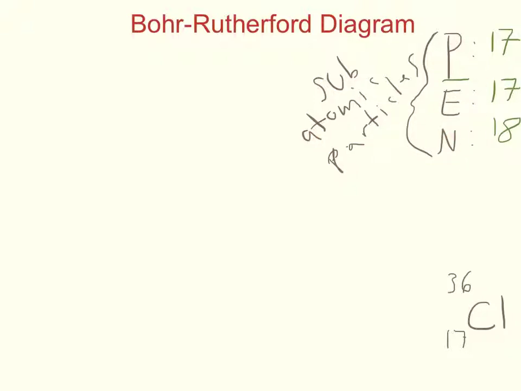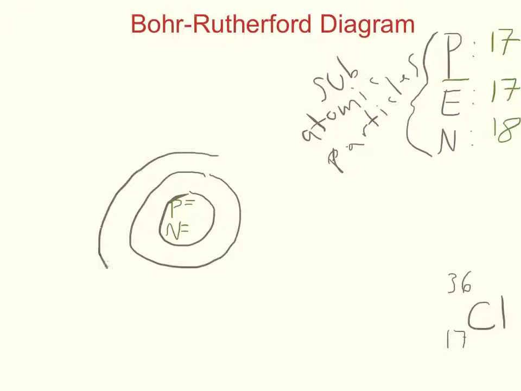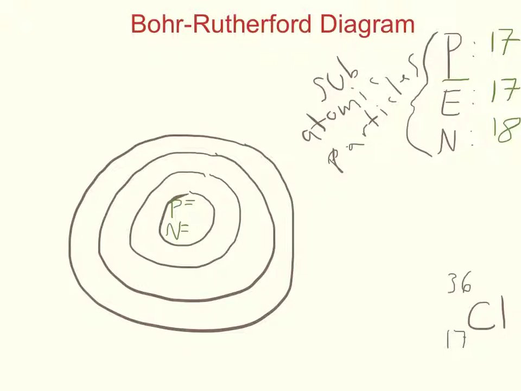So now we know our 3 key pieces of information. This is the nucleus, where the protons and the neutrons go. Next, we have another ring called an orbit, or shell, or an energy level. There are many of these orbits around the nucleus, and they hold the electrons.